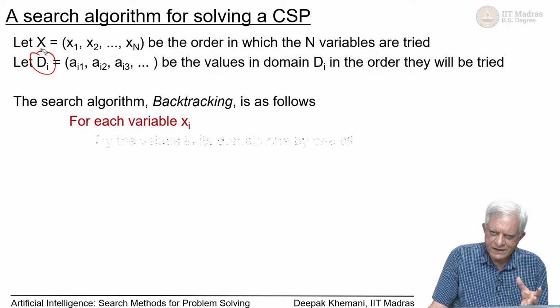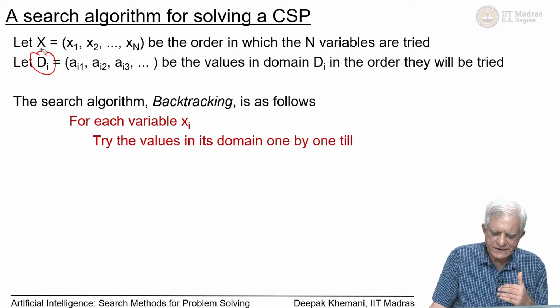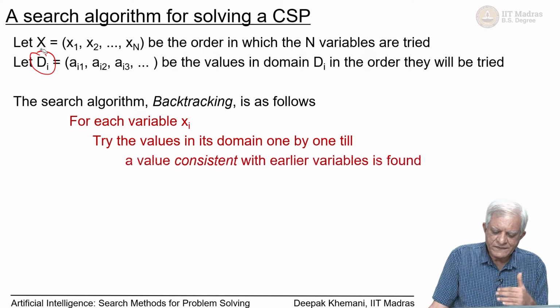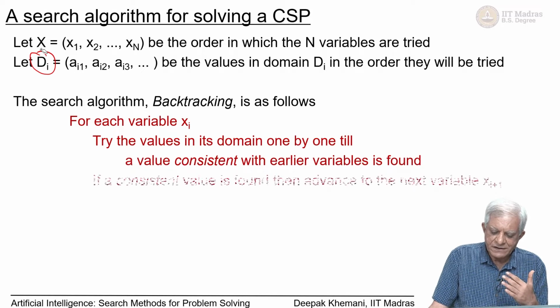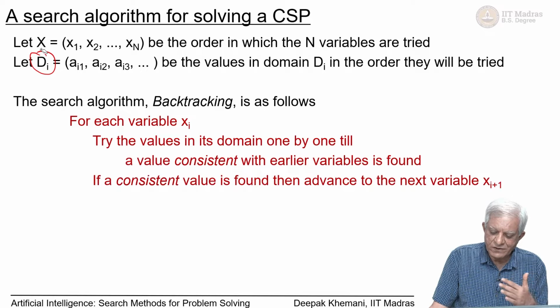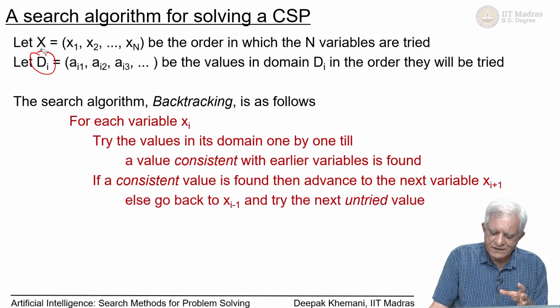The algorithm backtracking, which is quite well known, is as follows, that for each variable xi, try the values in its domain one by one till a value which is consistent with the earlier variables is found essentially. If a consistent value is found for this variable xi, then we advance to the next variable xi plus 1.